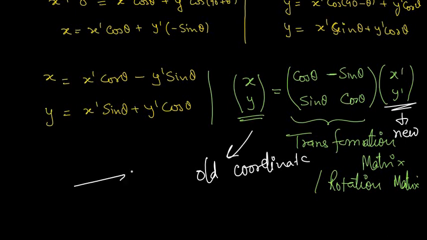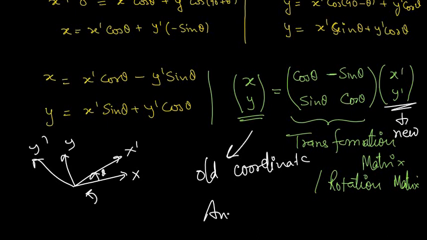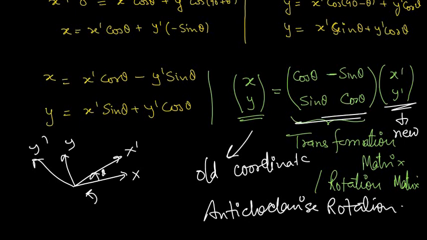And if you remember, this was your x-axis, this was your y-axis, we rotated in this way. This becomes your x prime and this becomes your y prime. So this was anti-clockwise rotation. So remember, in anti-clockwise rotation, you get this transformation matrix.